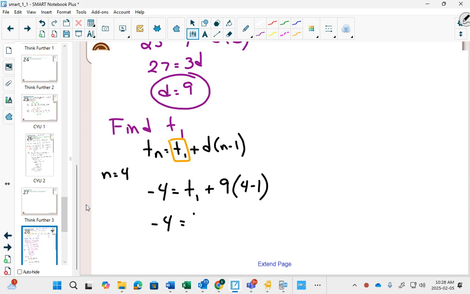Negative 4 equals term 1 plus 9 times 3, 27. Subtract the 27.